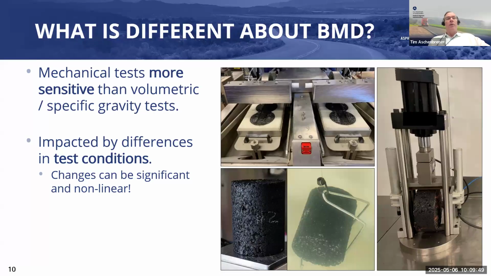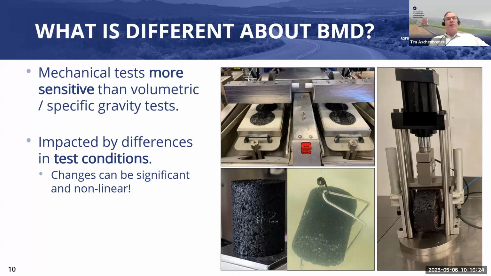Not only are they more variable, but they're more sensitive to various conditions. And we covered that in the previous webinar in terms of the time in the oven, the temperature of the oven, the amount of heat that these samples and specimens are exposed to can have a big impact in the ultimate test result. In addition to the fabrication having an impact on test results, test conditions also can have a significant impact on the test result.